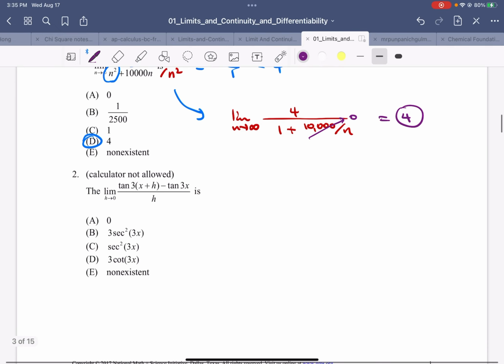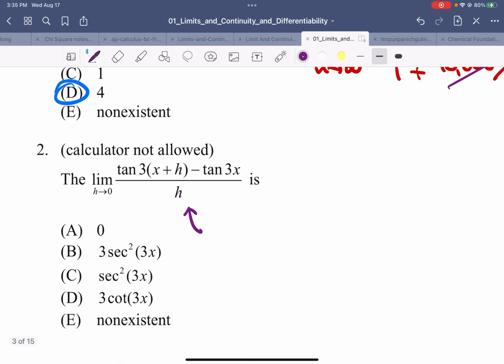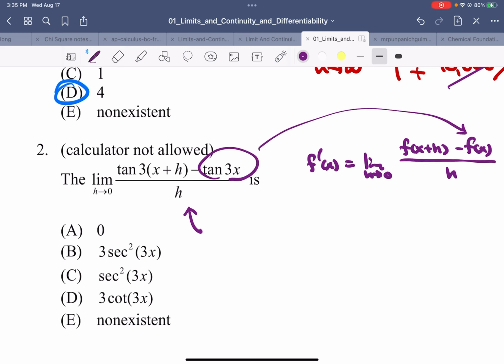Okay. Number 2. This is the one that shows the example. So you have to recognize, okay, this one is the definition of derivative. Let me rewrite it. The definition of derivative is limit as h goes to 0 of f of x plus h minus f of x all over h. So this one is matching with your f of x.